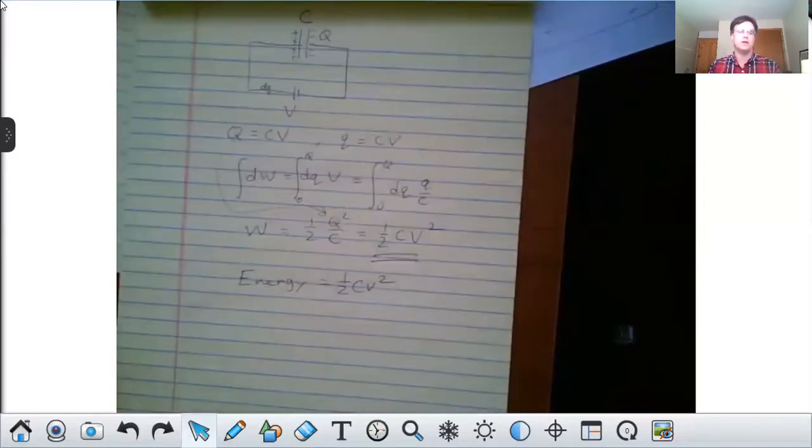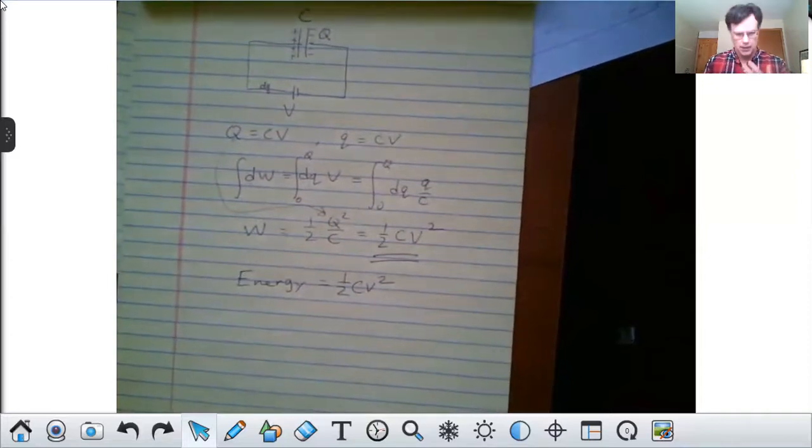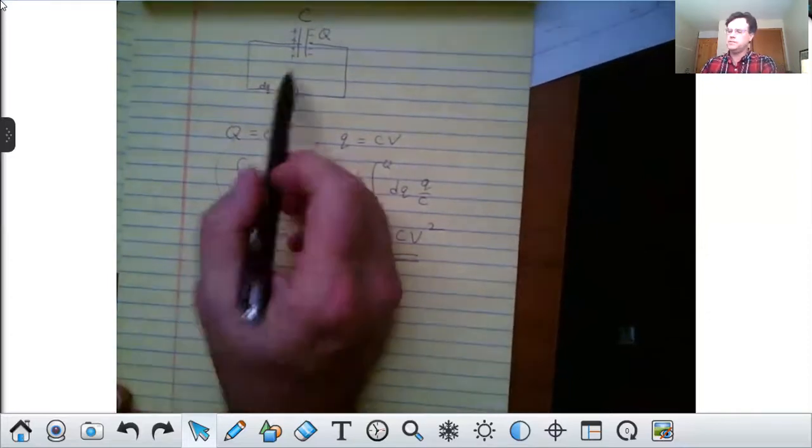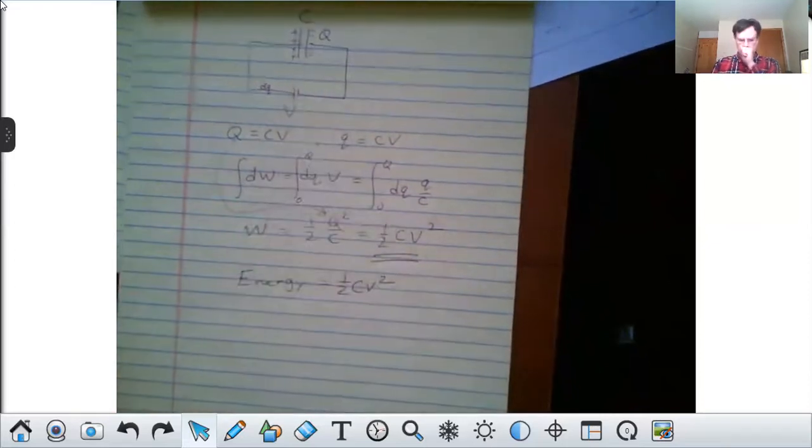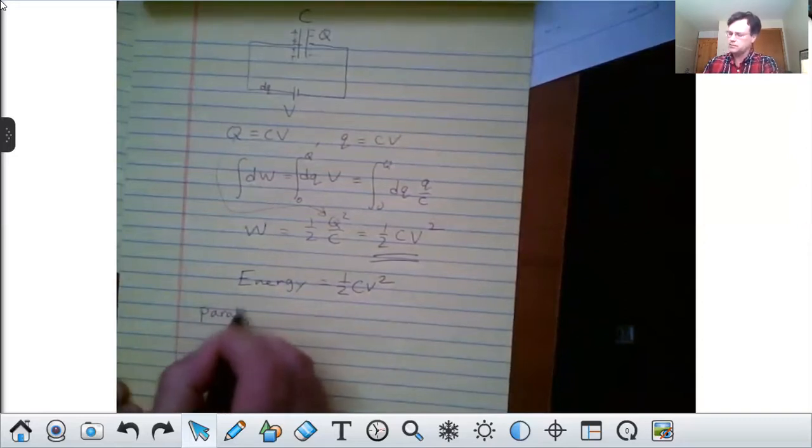Now, of course, I haven't talked about what type of capacitor this is. This formula is general. It works for any type of capacitance. But let's consider a parallel plate capacitor for a moment.